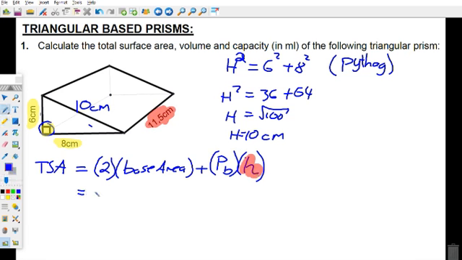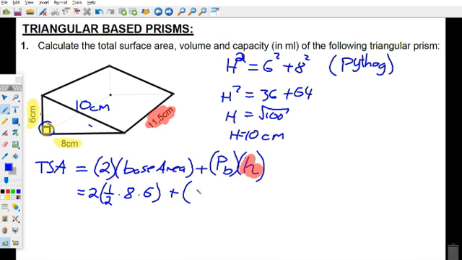So we're going to say 2 times a half times my base, which is 8. My height is going to be 6 there, plus the perimeter. What's my perimeter? 10 plus 6 plus 8. It's going to be 34. 24. Are you sure? Just checking.